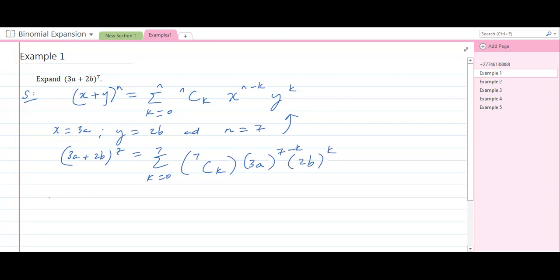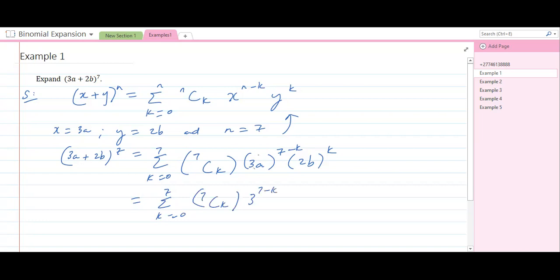Now, expanding this will give us, let me split up all the coefficients. The sum from k equals 0 to 7 of 7 choose k, 3 to the power 7 minus k.